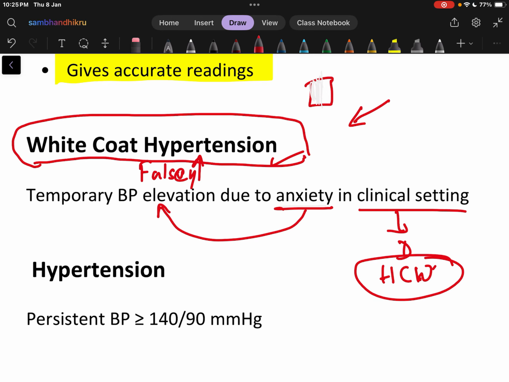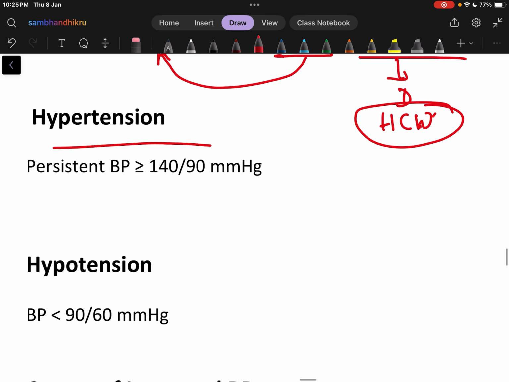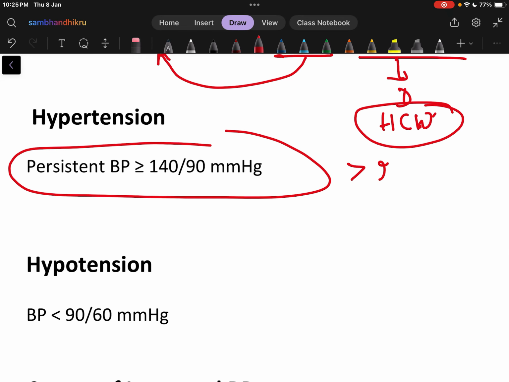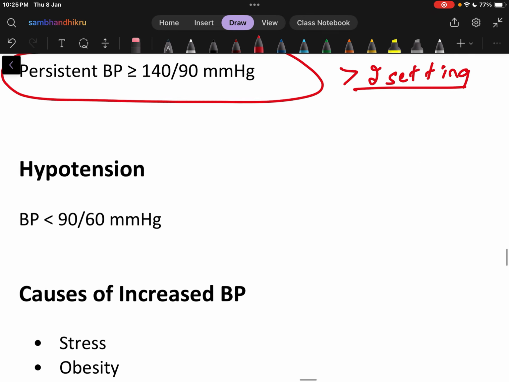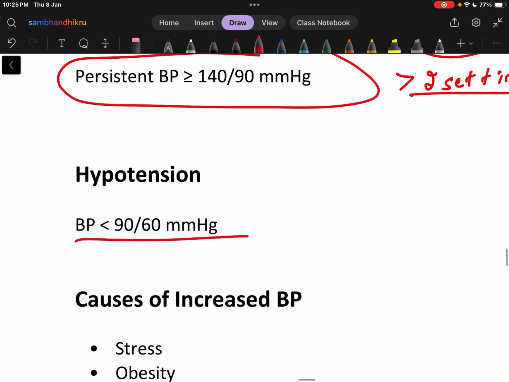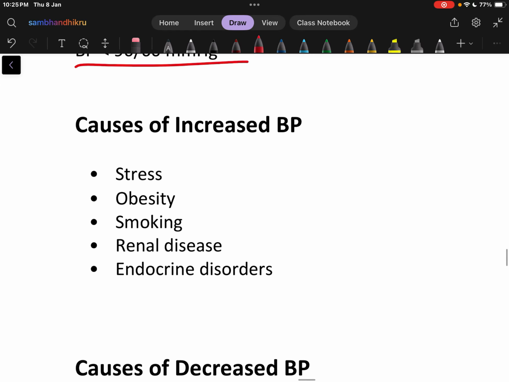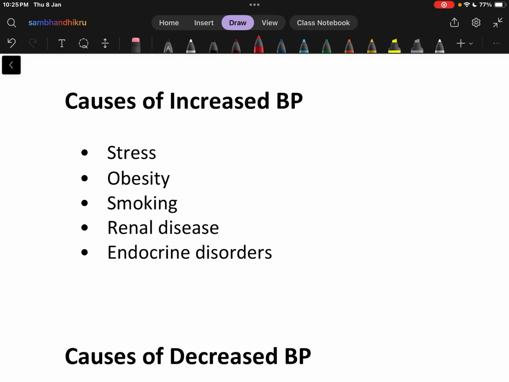I hope you understood this one. Hypertension, as I said, is persistent high BP in more than two settings or more than two situations. Hypotension is less than 90/60 mm of Hg. What are the causes of increased BP, or hypertension?